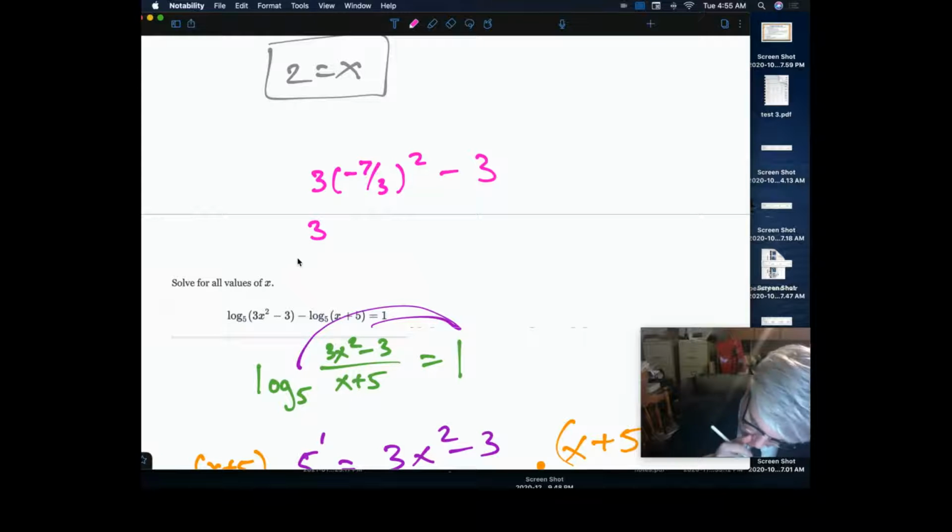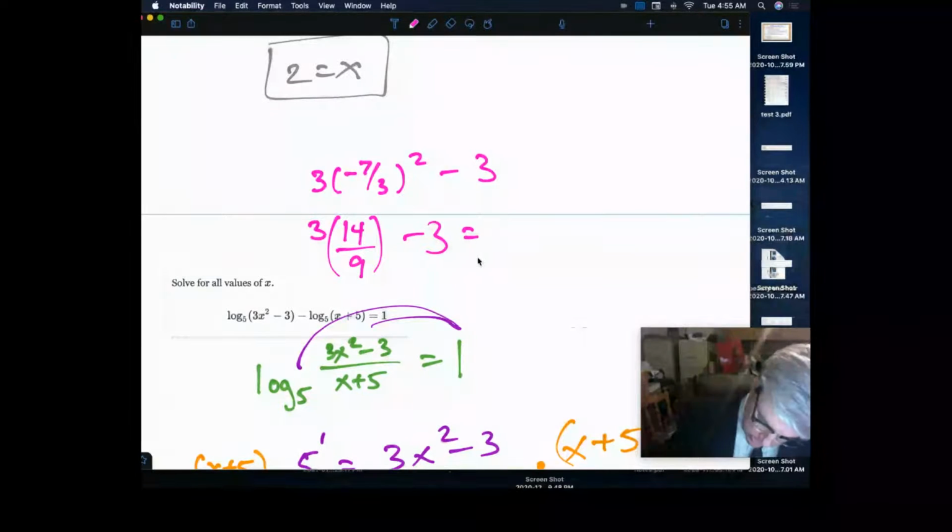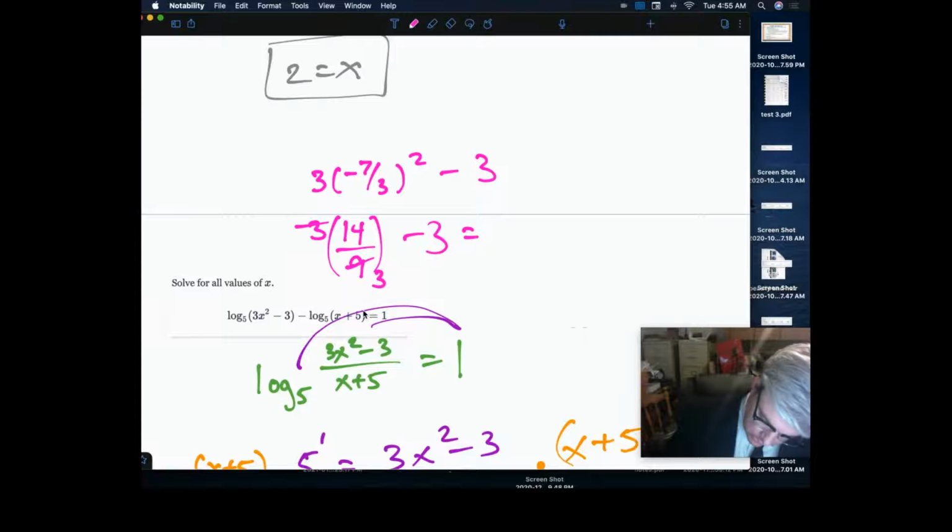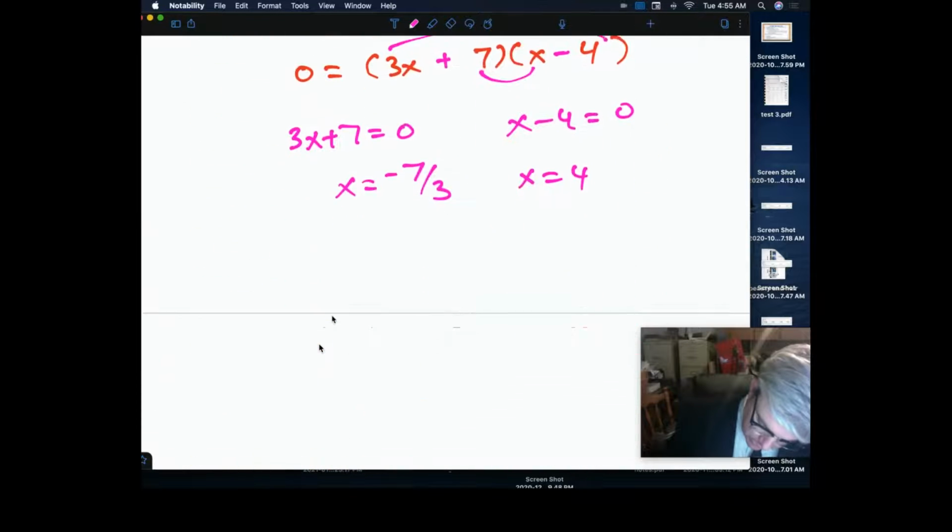This is going to give me something positive, so it's going to be 14 over 3, which is positive. 14 over 3, 12 over 3 is 4, right? So this is going to give me a positive answer, so I'm okay. Negative 7 over 3 is 2 and some change. So if I just do 5 minus 2 and some change, I'm okay there. So both of these are okay, so the negative here is okay.